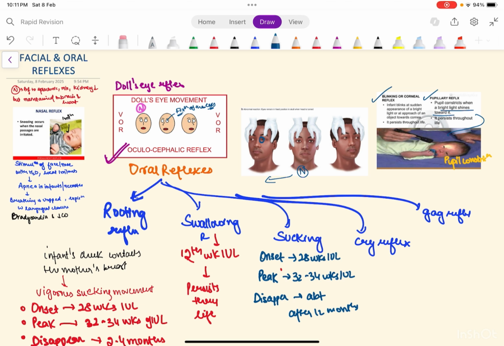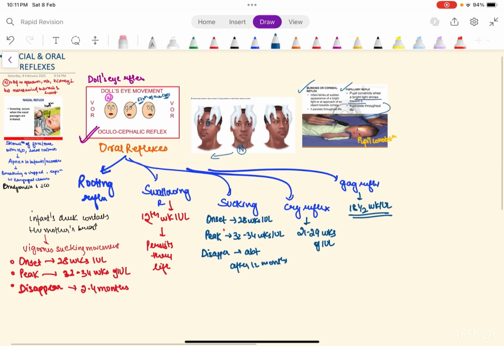Now the cry reflex is one which you should know develops as early as 21 to 29 weeks of intrauterine life. Then coming on to the gag reflex: it develops in the 18 and a half week of intrauterine life.